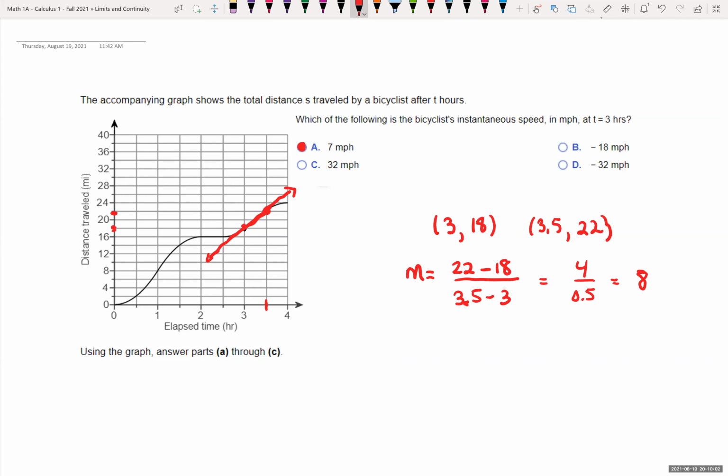Slope talks about how fast we're rising or falling. If our slope is positive, moving on the graph left to right, we know this is increasing at this value. So right away, we could eliminate the negative values in this example.